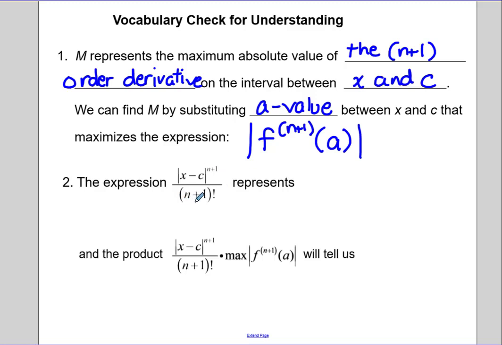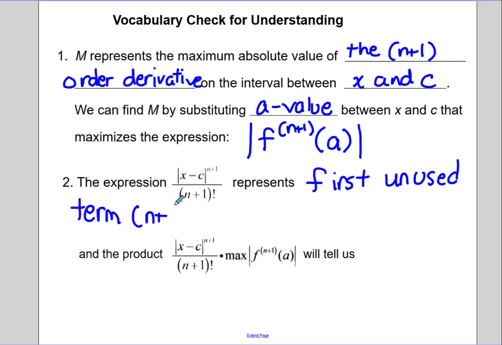Remember, we said this represents the first unused term, which would be the n plus 1 term in your Taylor series. Now it could be a Maclaurin series, and then you wouldn't have the x minus c, you would just have the x. But if you have this expression, it's the first unused term.